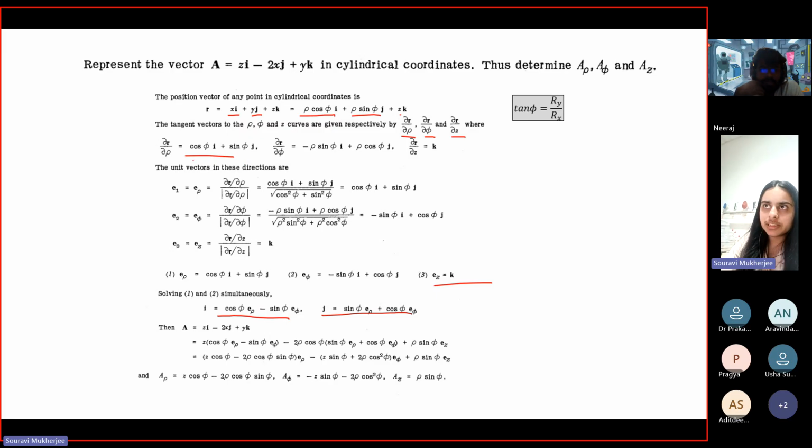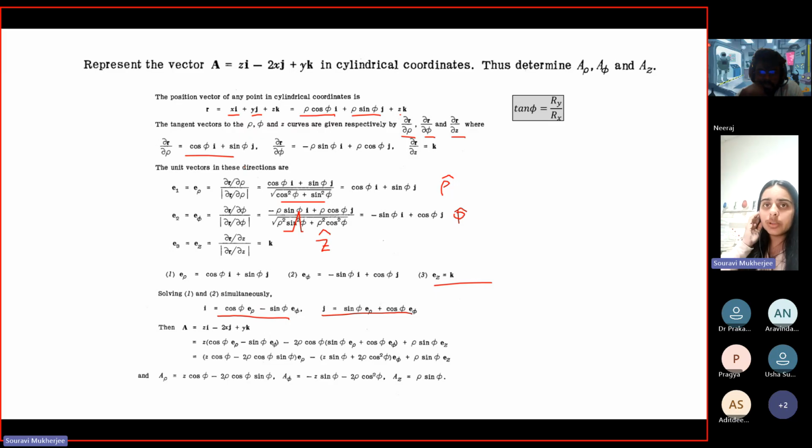If you make it a unit vector, that just has the direction. So this by itself is nothing but your rho cap, right? This is nothing but your phi cap. And this is nothing but z cap, right? And this magnitude tells you what is the change along rho, along phi. So these are the scale factors.